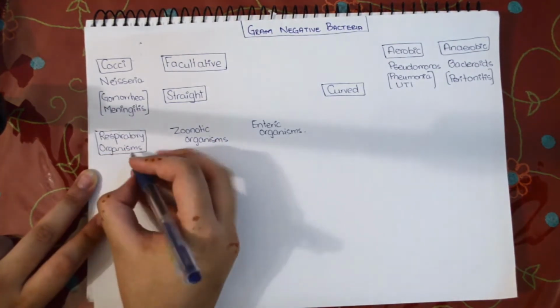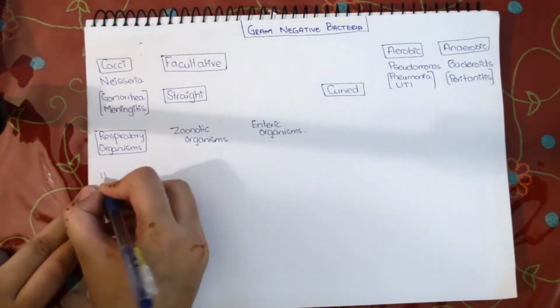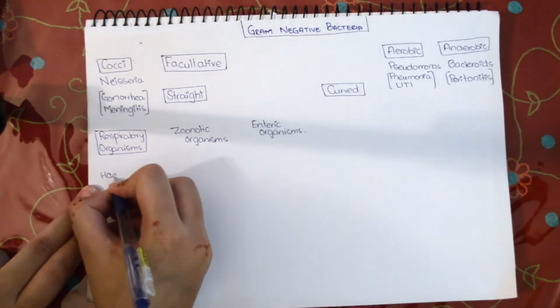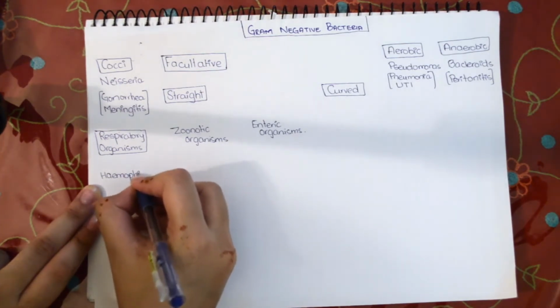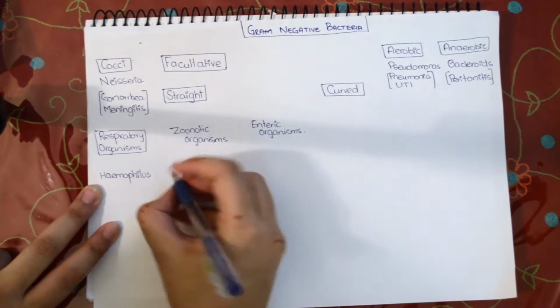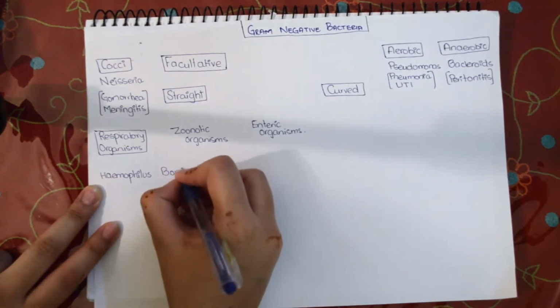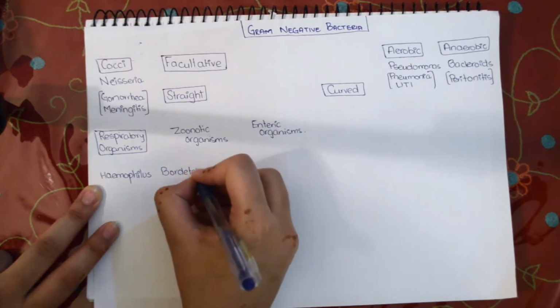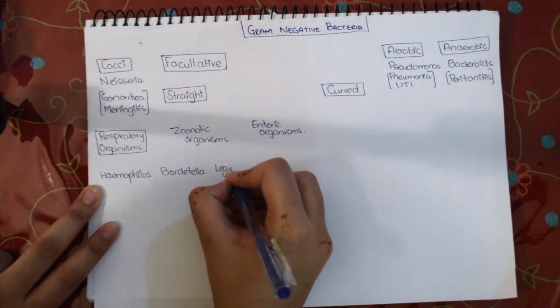In respiratory organisms, we further have three organisms, which are Haemophilus, Bordetella, and Legionella.